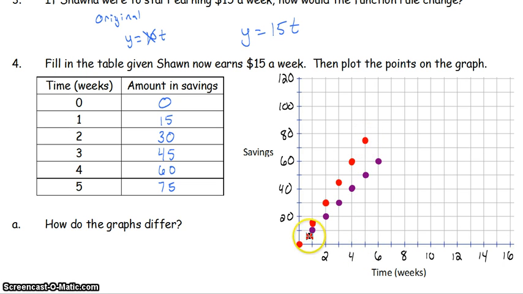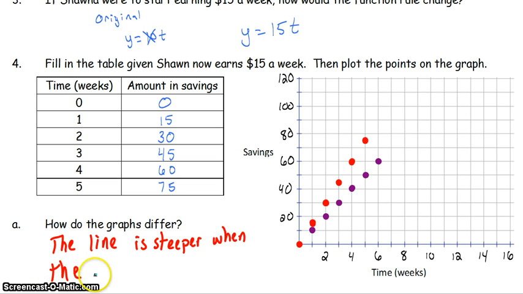So we can see this new line would actually be steeper because your rate of change is bigger. And that's kind of what we would see with the differences. The line is steeper when the rate of change is bigger. Rate of change is the same thing as slope.